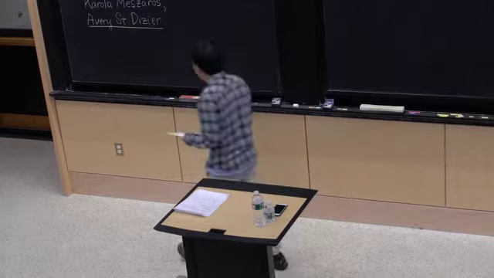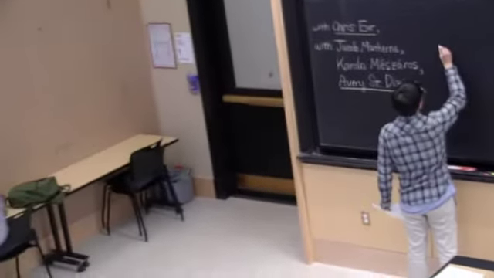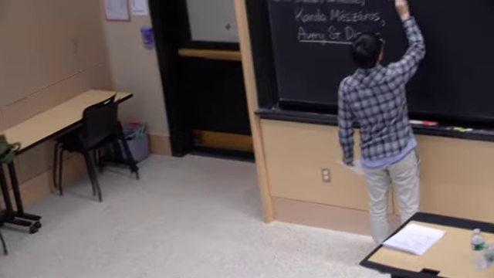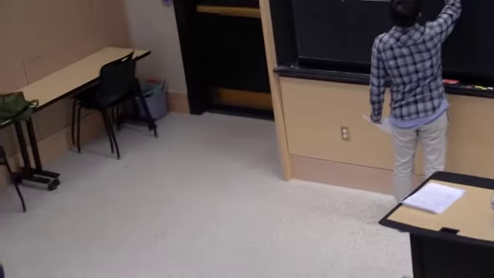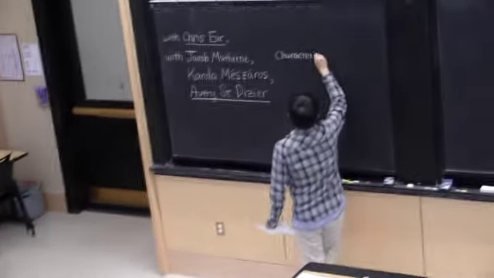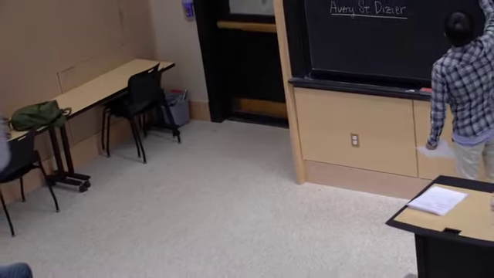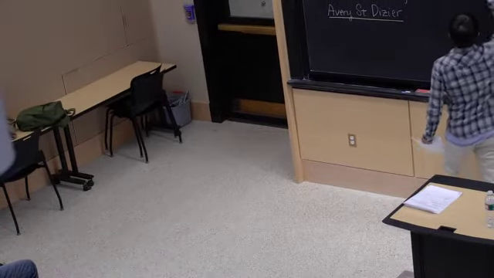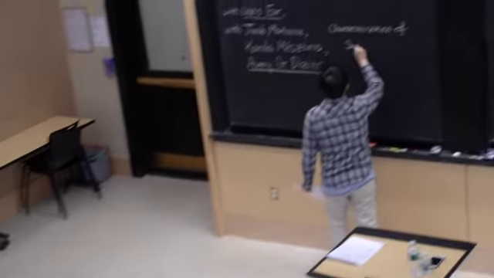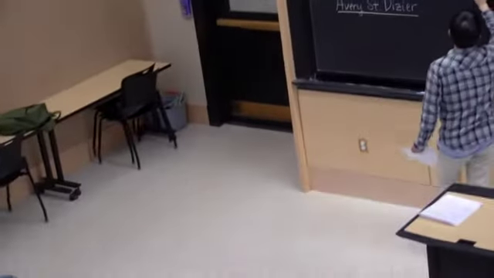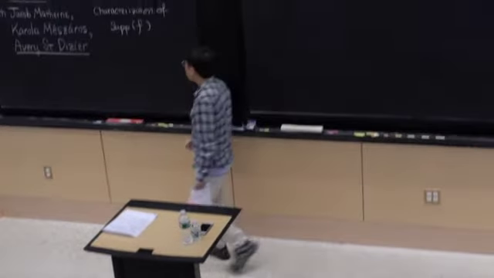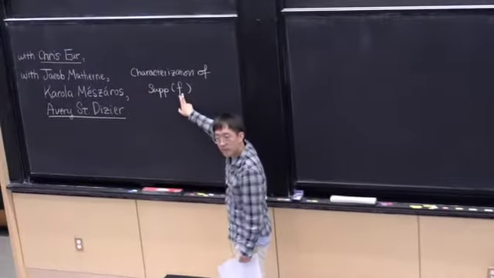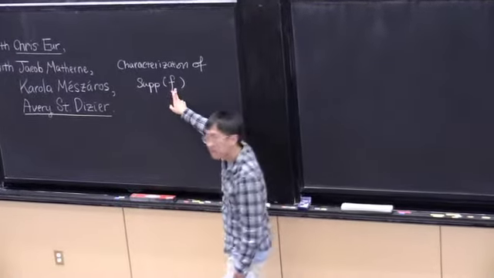And then maybe you arrive at this characterization of the support of f, by which I mean the set of monomials that appear in the polynomial f, where f is a strongly log concave homogeneous polynomial.